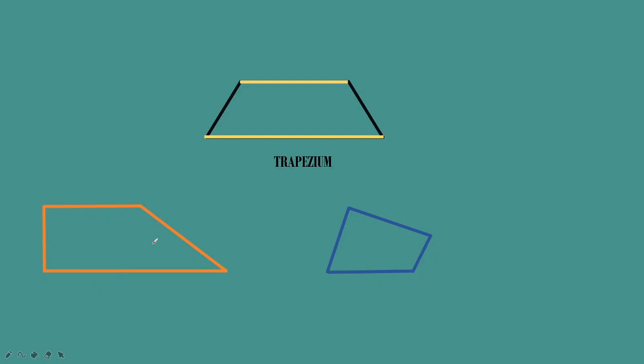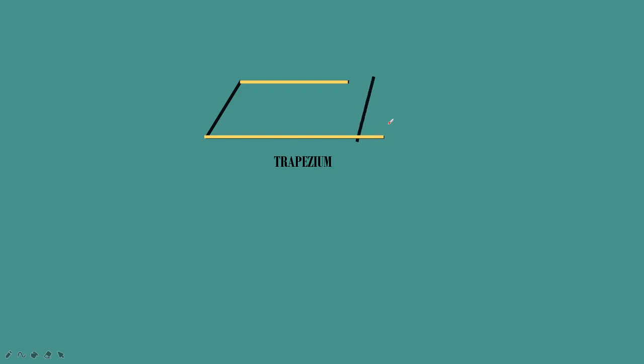Okay, now in this case only any two sides have to be parallel, but if I try to make the other opposite sides also parallel, for example, like this, now this opposite side is parallel to this opposite side, and this opposite side is parallel to this side.